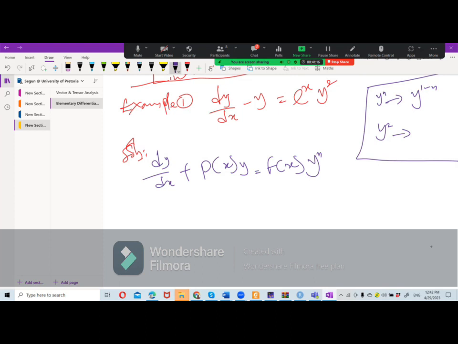So our w will be 1 minus n. Yes, if w is there, 1 minus n.